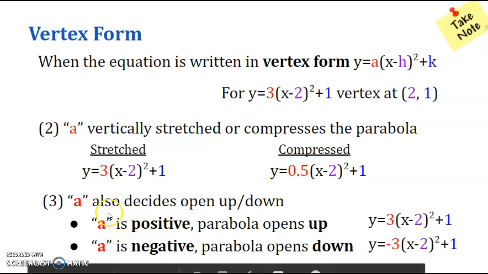However, on top of that, a also decides whether it's going to be opening up or down, just like the case in factored form. So y is equal to 3 and negative 3: negative 3 tells me it's going to be opening down, positive 3 tells me it's going to be opening up. And the vertex is always going to be the same.